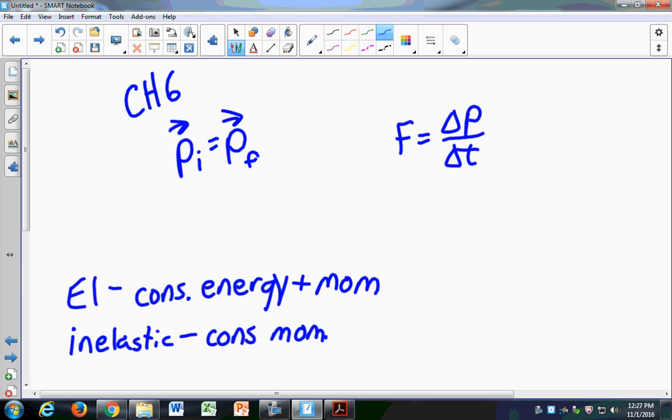But we usually just say that elastic conserves energy, but it also does conserve momentum, because everything conserves momentum. No matter what kind of collision it is, no matter how messy it is, it'll always conserve momentum. You need to know about the vector nature of momentum. We had a couple questions like that in the concept test. And then that's it. Let's look at a couple of examples.